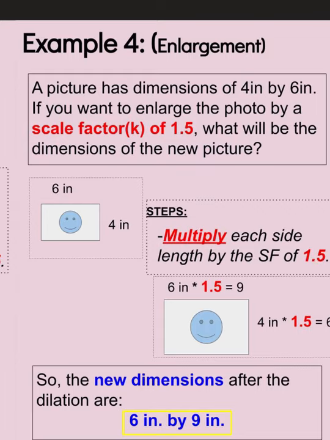So you can see right here, I took the original side length of 6, multiplied by the scale factor of 1.5, got 9. Take the 4 inches, multiply with the scale factor, get a new side length of 6. And so your new dimensions are 6 inches by 9 inches. Okay, you see the picture got bigger.